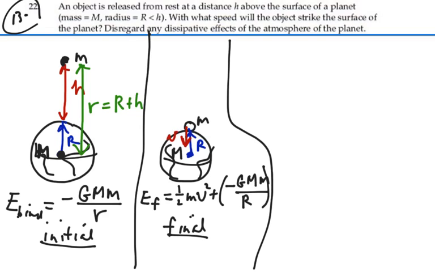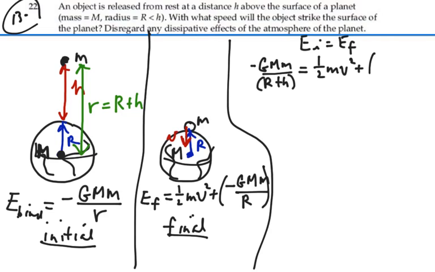Alright, it should be true that our initial energy should equal our final energy. So we should have that negative G M little m over our original distance, which is R plus h, that total energy, should equal 1/2 little m times velocity squared plus the binding energy, negative G big M little m over our new distance of R. The initial energy equals the final energy.